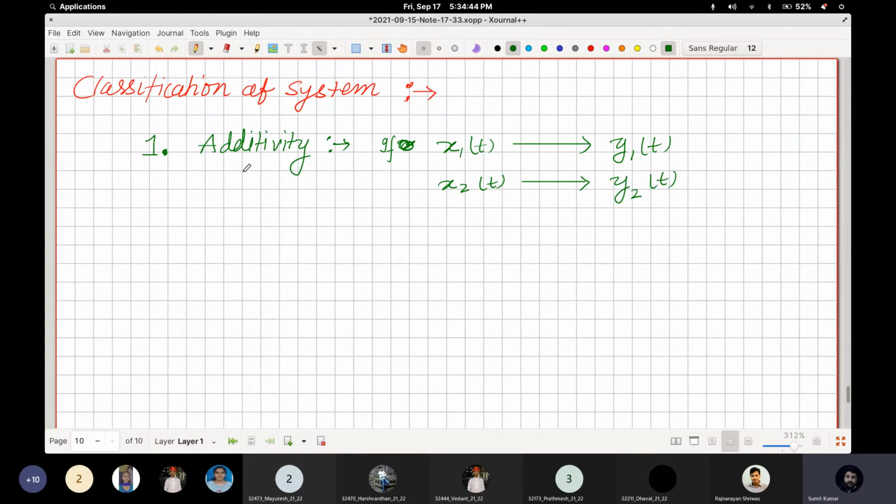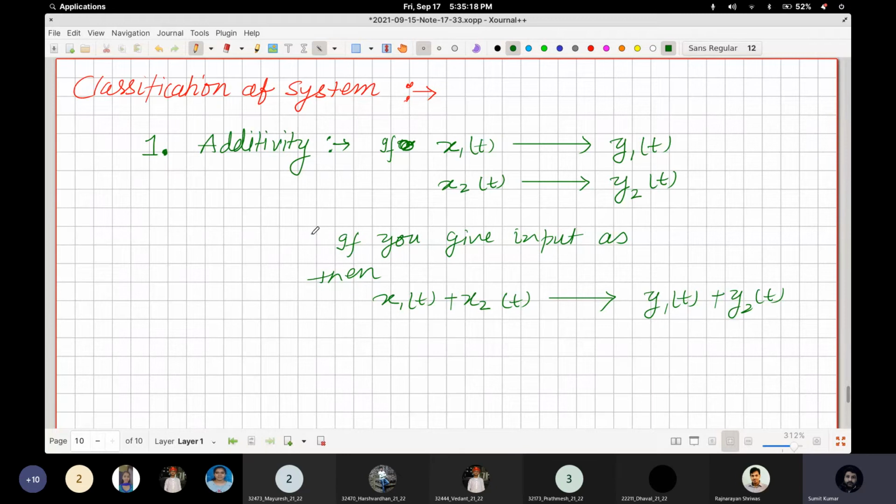Then according to the additivity property, if you give input as x1t plus x2t, then your output must be y1t plus y2t.